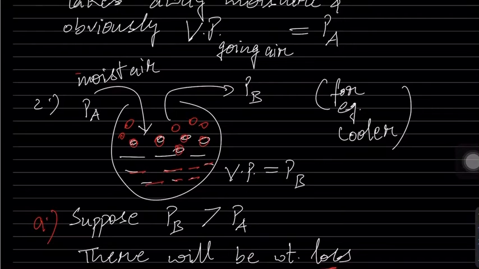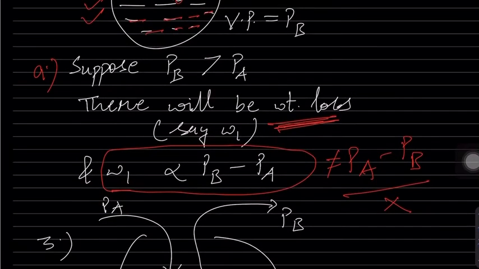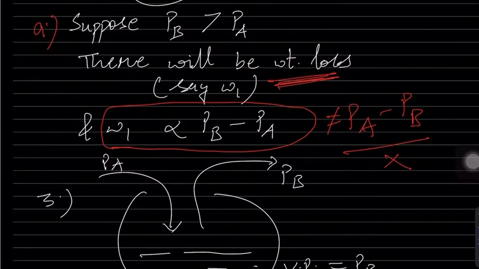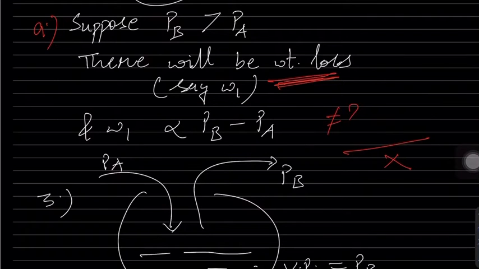Because now it has taken a higher pressure. Higher pressure means more vapors, and where were the vapors? Inside the container. So it has taken the vapor from the container. It means there is a weight loss in the container, and that weight loss is equal to PB minus PA. You need to understand, okay?